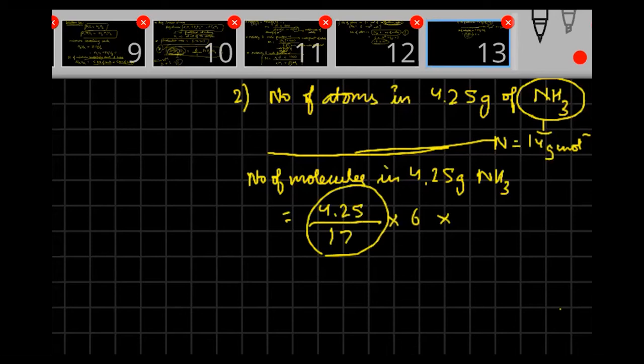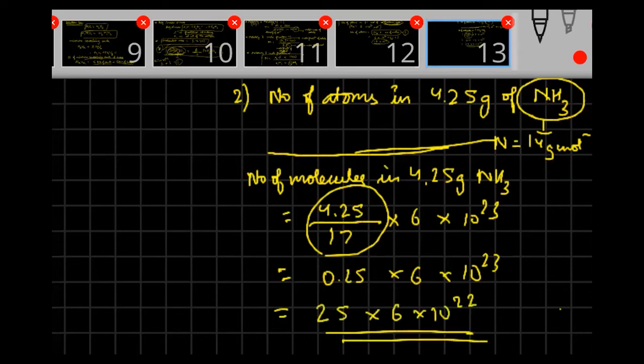That is weight by molecular weight, that is 17. So this will be 0.25, and 6 into 10 to the power of 23. So I can simply write it as 25 into 6 into 10 to the power of 22.